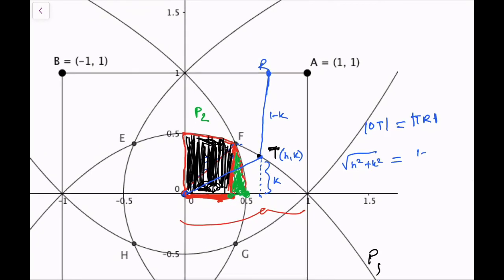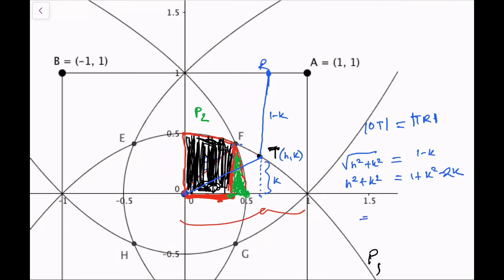So TR is 1 minus k. If we square both sides, we get h square plus k square equals 1 plus k square minus 2k.